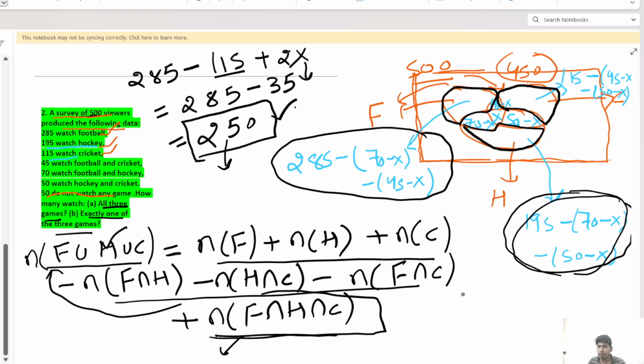Similarly this value is 195 minus 120 plus 80.